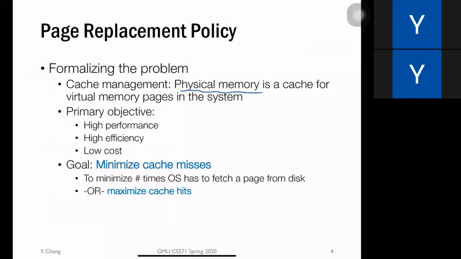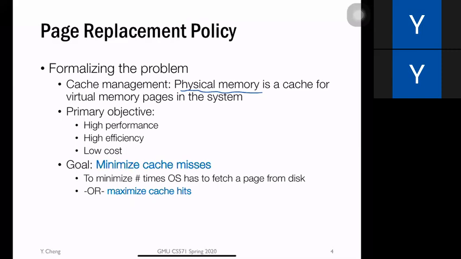And the ultimate objective of page replacement policies is basically to improve performance and reduce overhead, reduce cost. Improve performance, improve efficiency, and reduce the runtime cost as much as possible, okay? So for the performance and efficiency metric, the higher the better, whereas for the cost metric, the lower the better, okay?